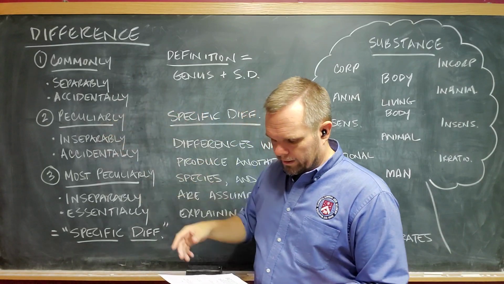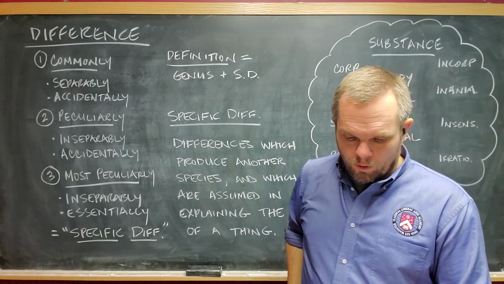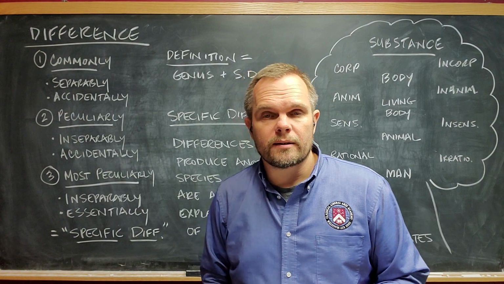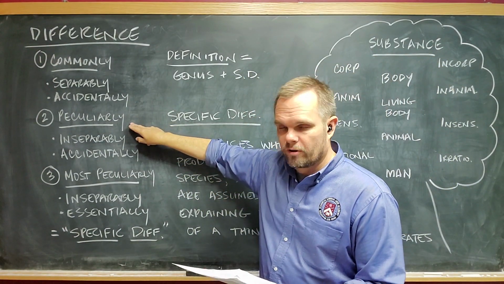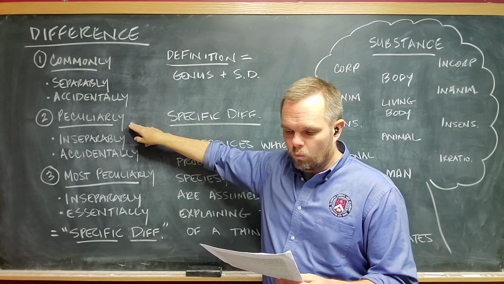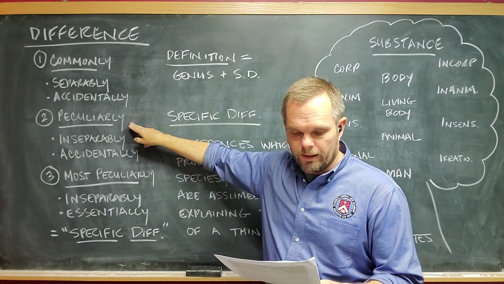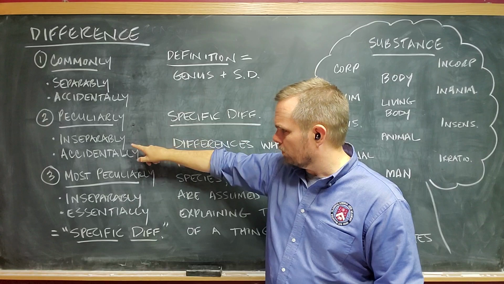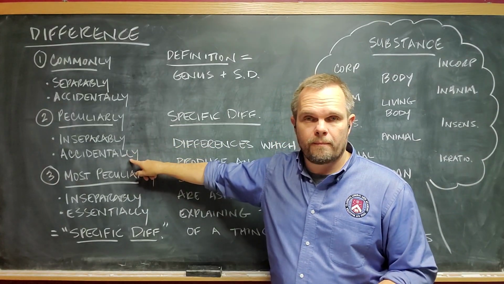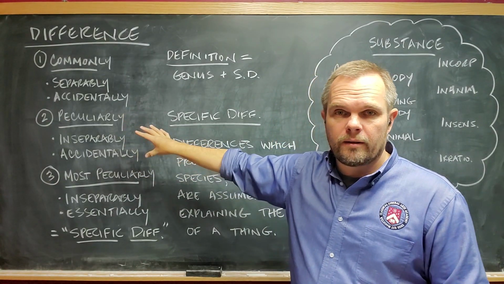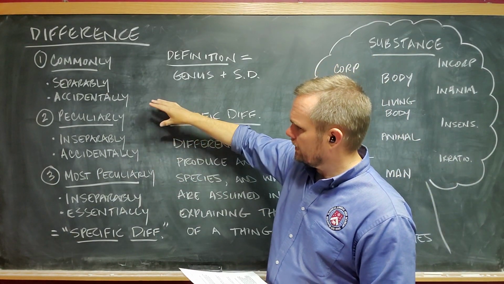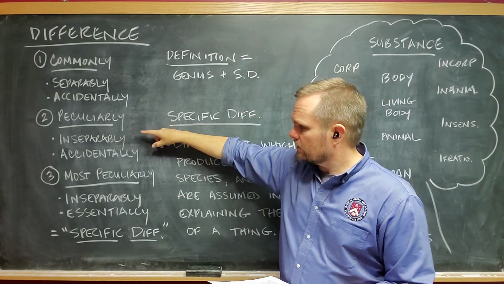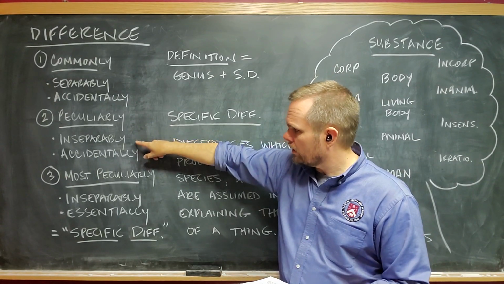Okay? The second way, Porphyry goes on and says, one thing is said to differ peculiarly from another when one thing differs from another by some inseparable accident. So the second way that the term difference is used is when a thing differs from another in some inseparable accident.